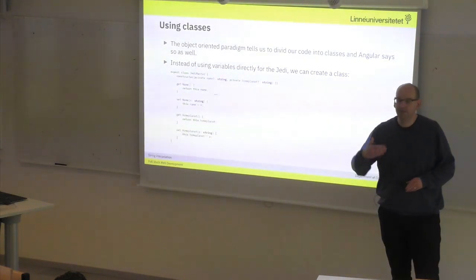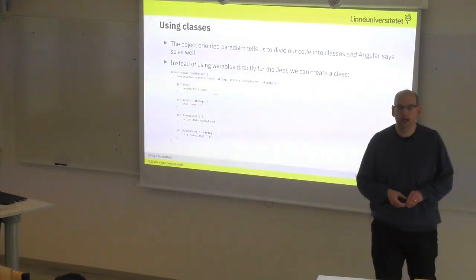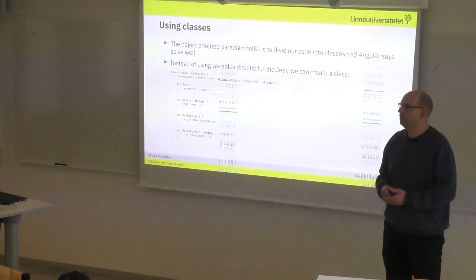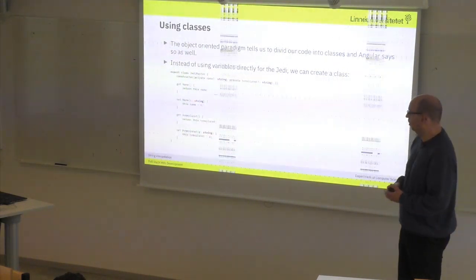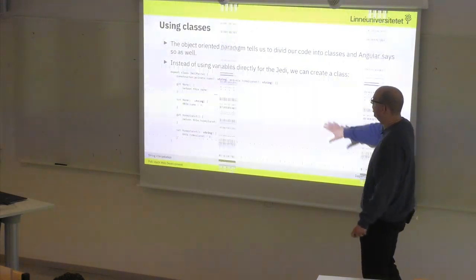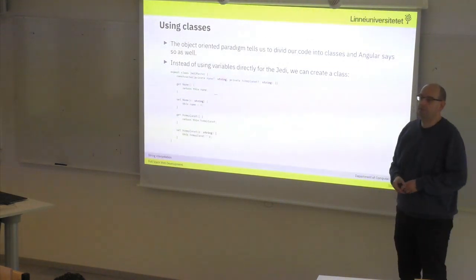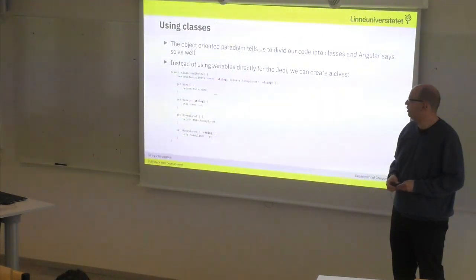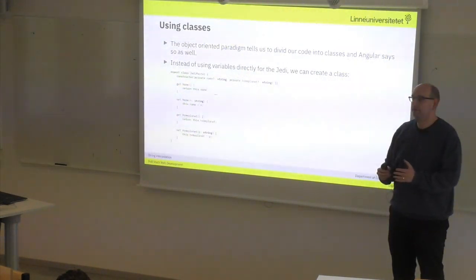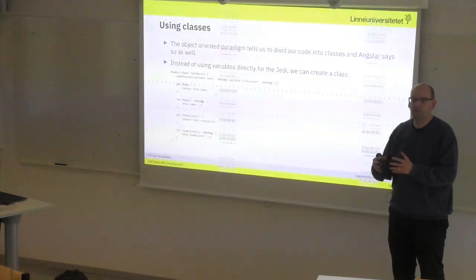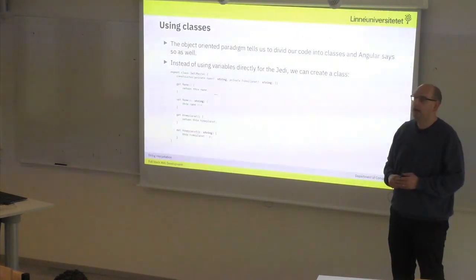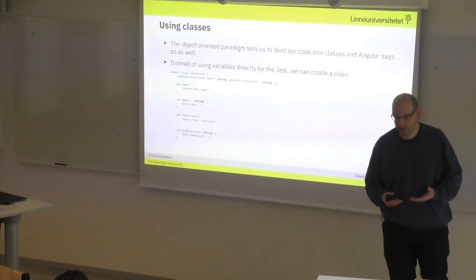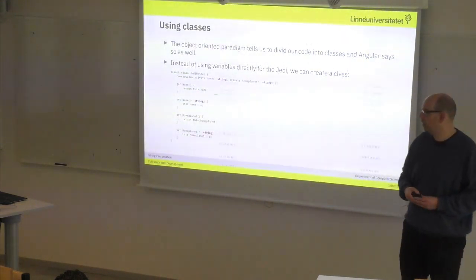So let's step this up a bit, and the first thing we would like to do is to make this more object-oriented. That means that we would like to have our Jedi, or our name, the stuff that we want to show, as an object of a certain class.